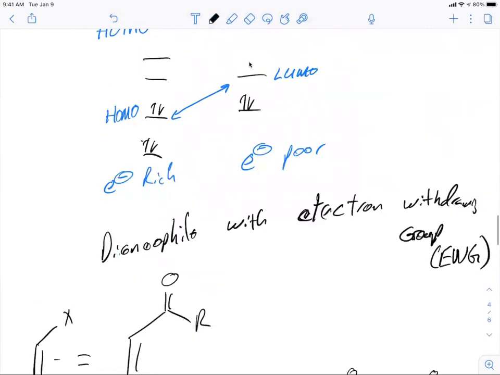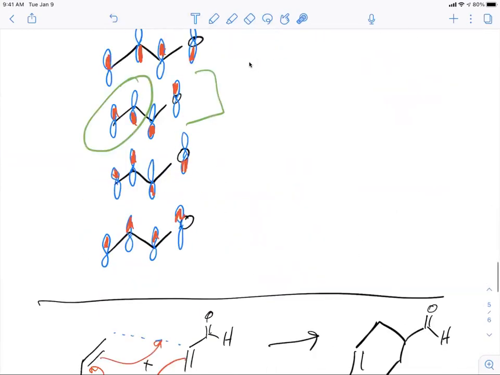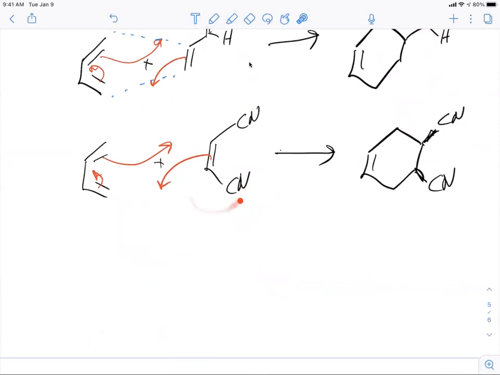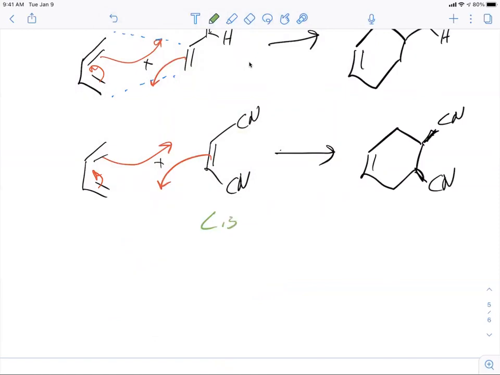So if we go back up here and we look at this case, we're going to have this molecule and this molecule coming together and reacting concertedly. That means that whatever the geometry is here, right? So this geometry is cis, then over here, this needs to be cis. So on this di-substituted dienophile, that will direct the stereochemistry of the Diels-Alder product.